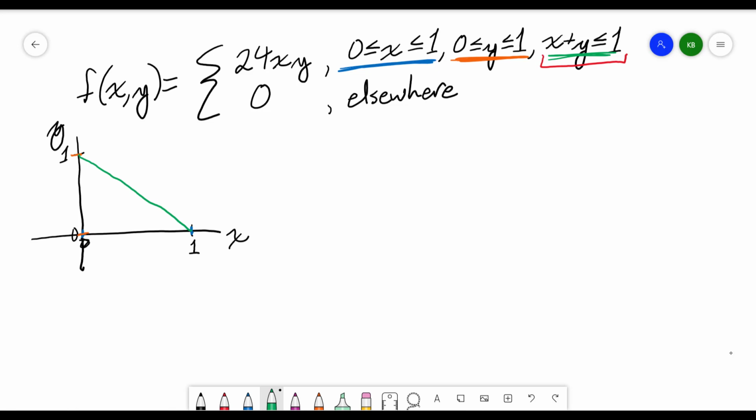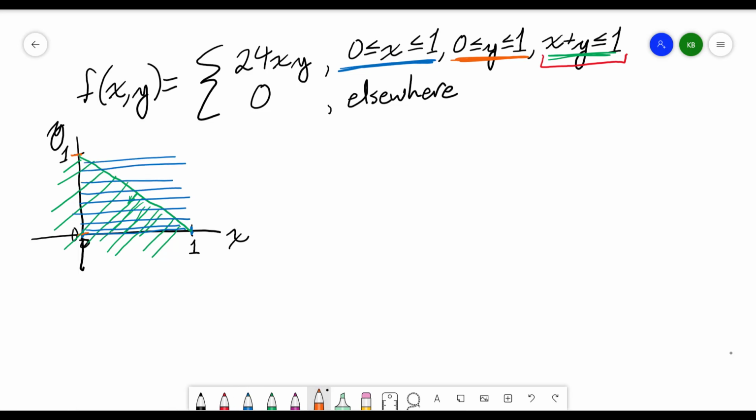And these sums will be less than 1 when we are on this side of the line. So I'll be going this way for this inequality. My x inequalities tell me that I'm going between this way.